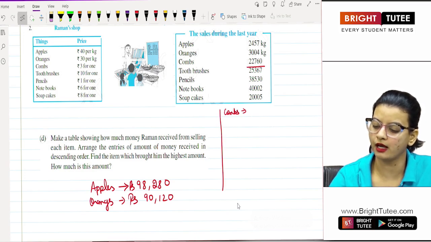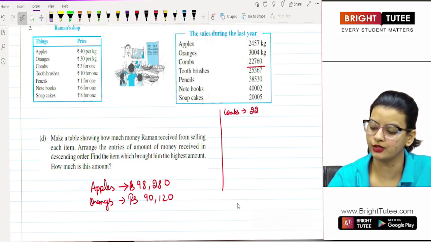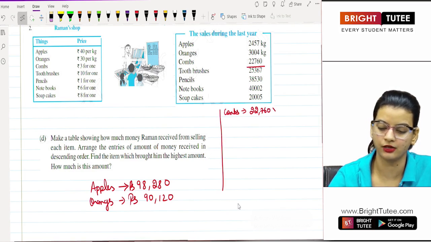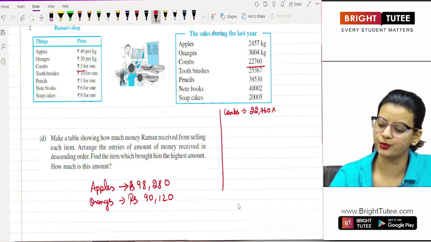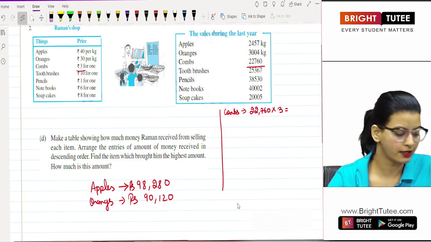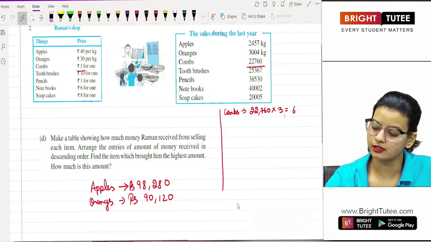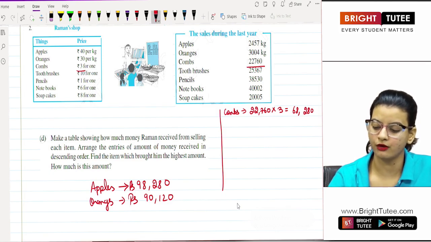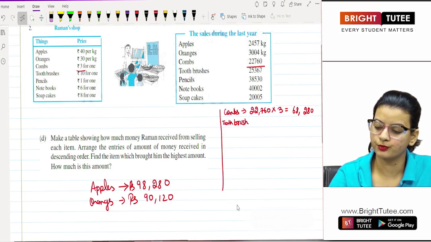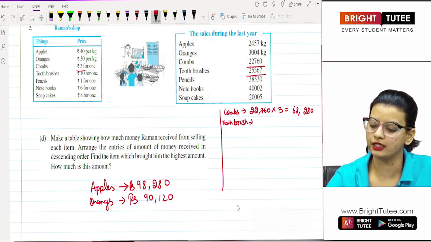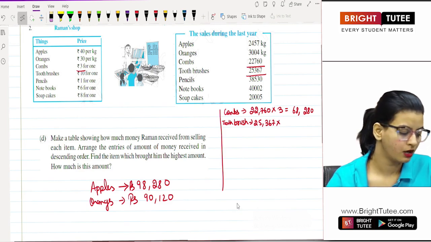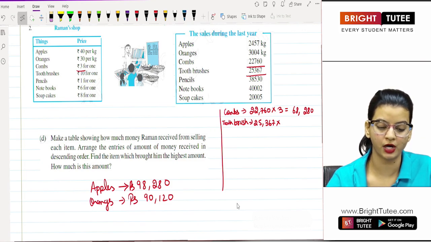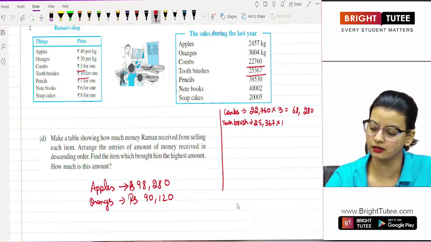For combs we have 22,760 into price of one comb, which is rupees 3. So the answer for combs is 68,280. Now for toothbrush, he sold 25,367 brushes, and the cost of each brush is rupees 10.